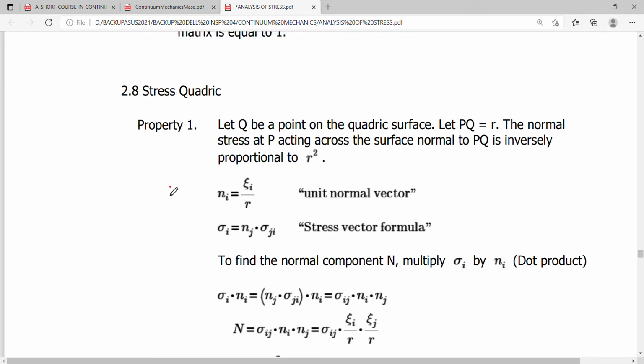Let's have some discussion on stress quadric, and this is actually applicable to how the stress tensors are manifested in terms of a quadric surface.